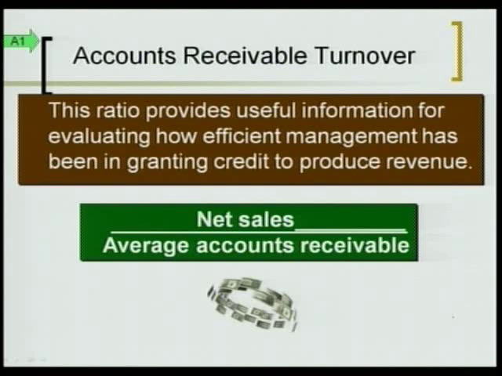But the accounts receivable turnover is an extremely important ratio. It's how quickly your receivables are turning over. Remember when we talked about inventory turnover? We talked about how you want your inventory to turn over, right? Well, you want your receivables to turn over. You want to collect them, right? You want those receivables to come in.